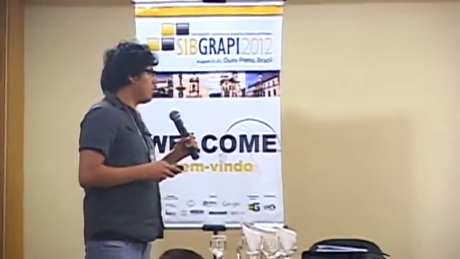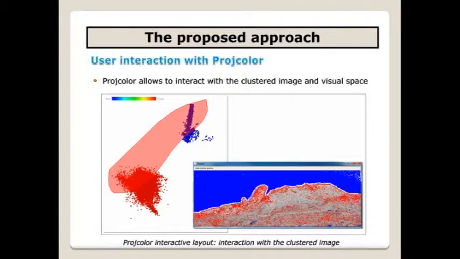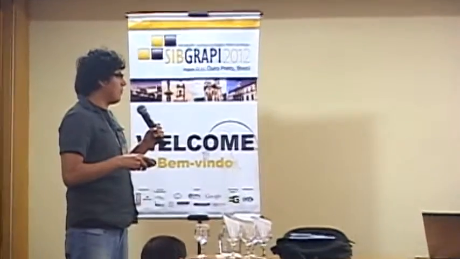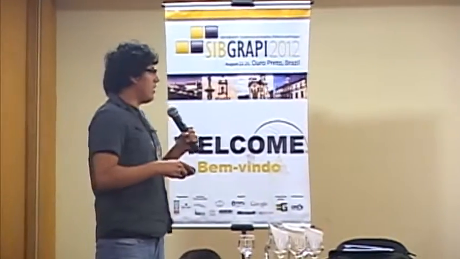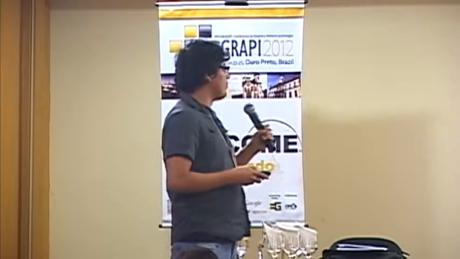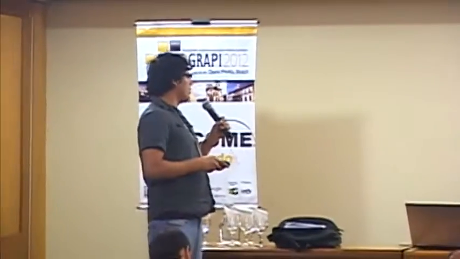This figure illustrates the interaction in our approach. In this case, for example, we are selecting some points, and those points are a data set of pixels of the target image.